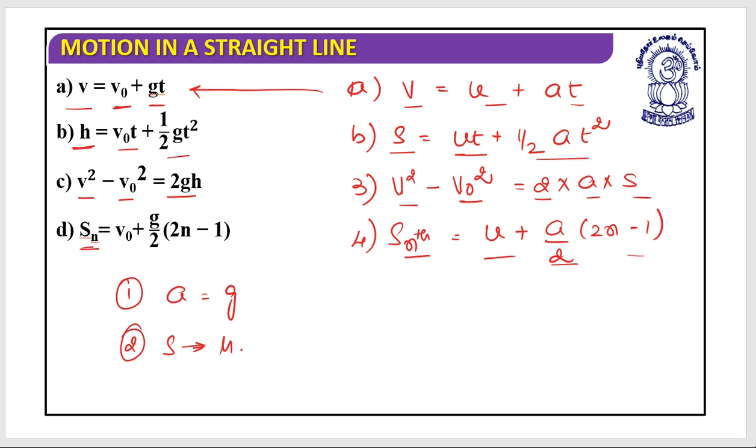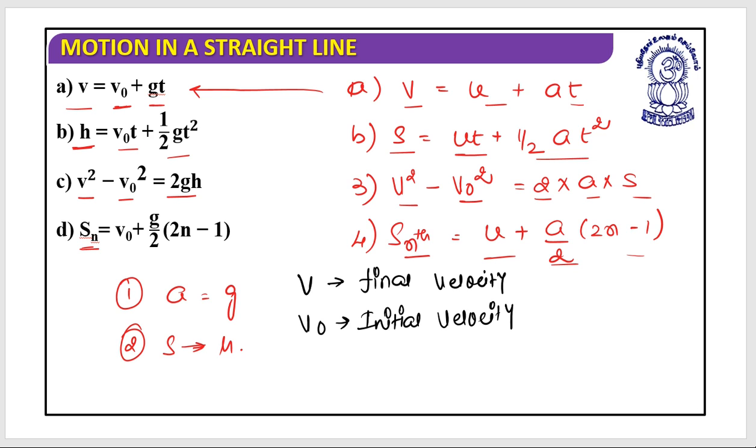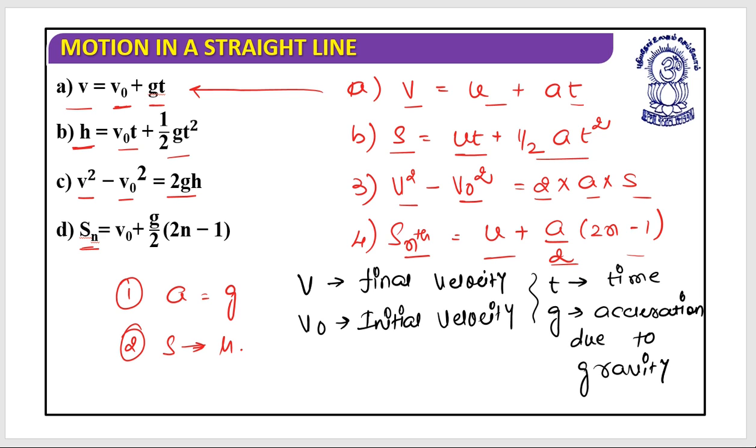So if I use this symbolic notation, let me write this: I have used v for final velocity, v naught for initial velocity, t for time, g for acceleration due to gravity, and h for height.